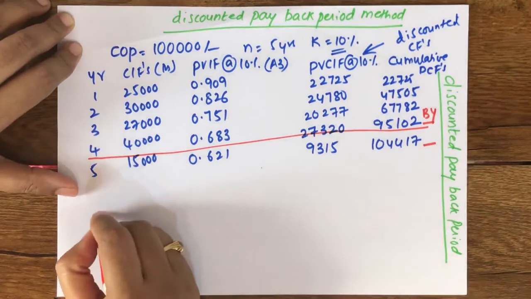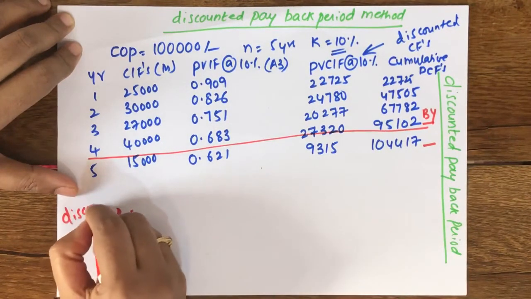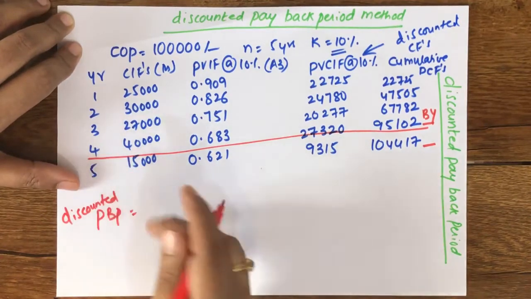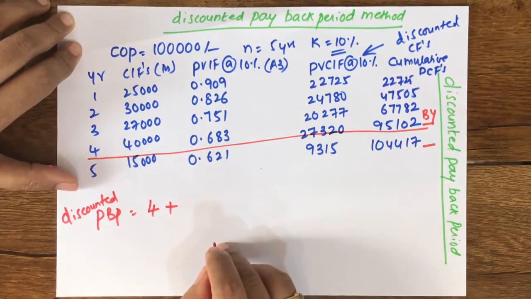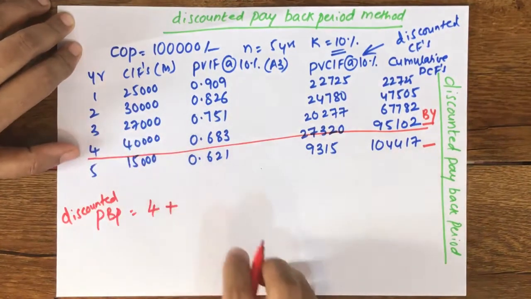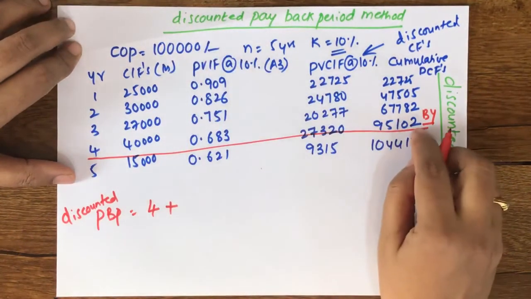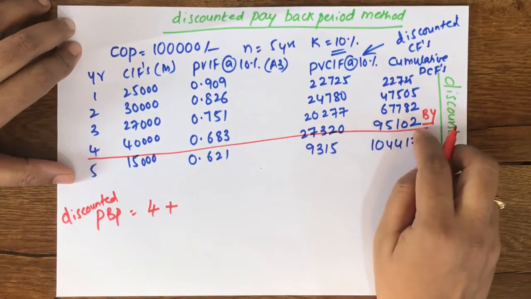Now applying the formula of payback period, discounted payback period is equal to the base year, that is 4 years, plus the unrealized amount as of the base year. Our initial investment is 1 lakh rupees. By the end of the 4th year, we already got 95,102.